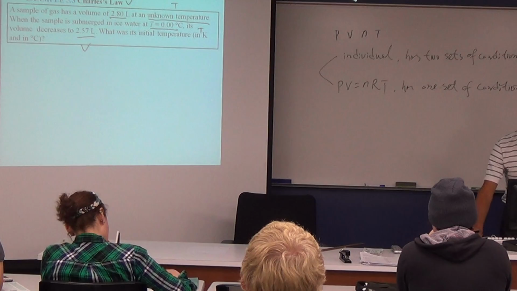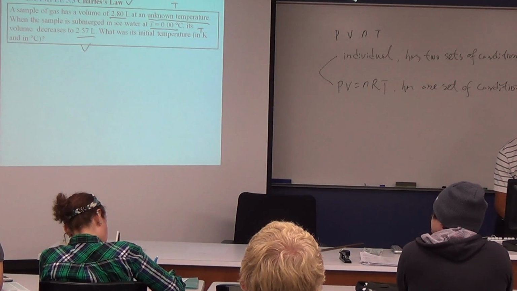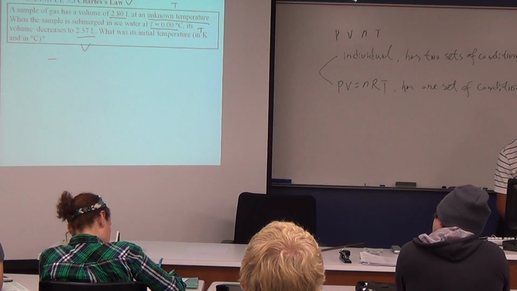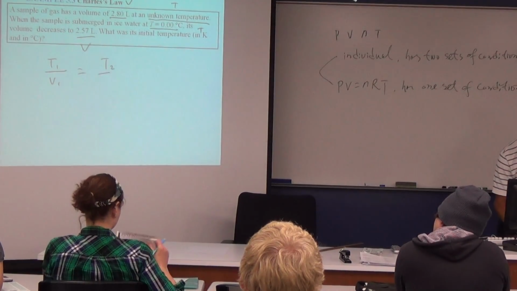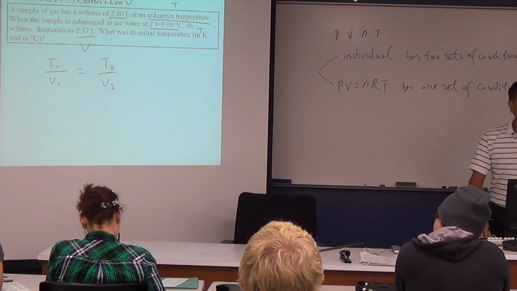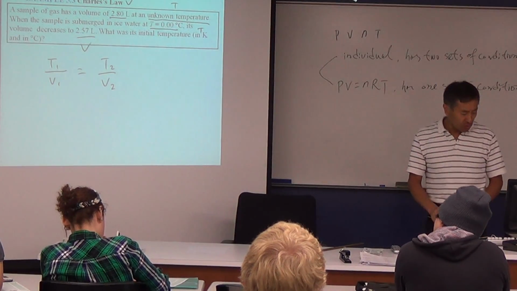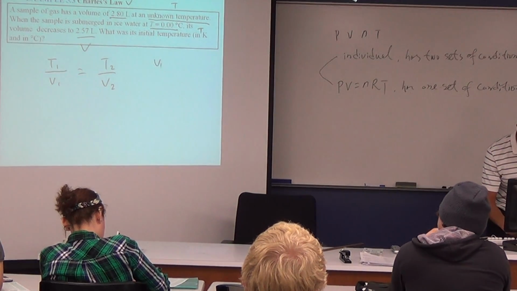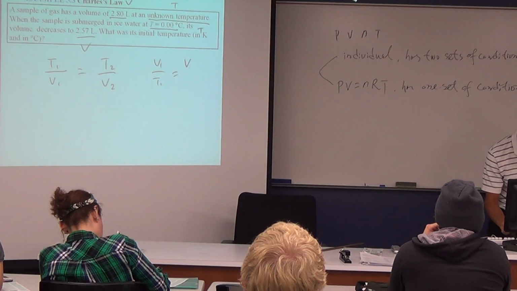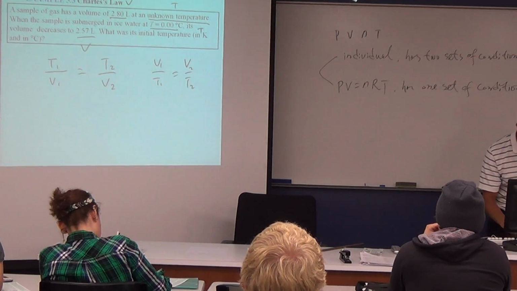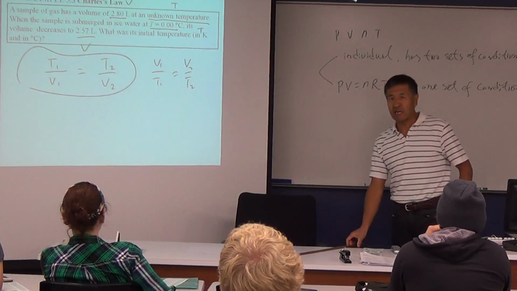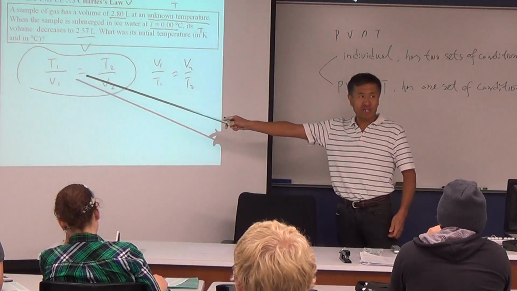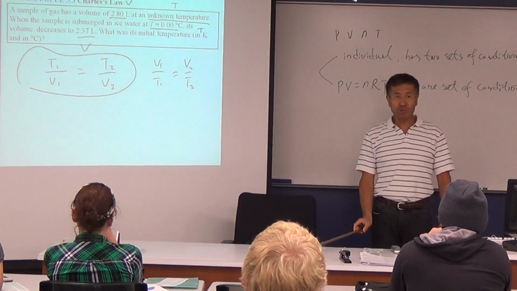So just remember Charles's law has that format: V1 over T1 equals V2 over T2. There are many different ways to write the equation; you can flip that around and write T1 over V1 equals T2 over V2. I choose this format because I know we are going to find one temperature, and if you put the temperature on the bottom, it's not easy to solve the problem.